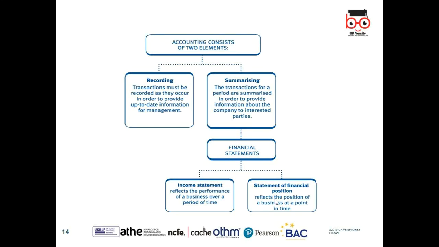From these, you prepare the financial statements, such as the income statement, which shows the profit and loss of the company within a year, and the statement of financial position, which shows assets, liabilities, and capital. The statement of financial position is also known as the balance sheet, and this one is also known as profit and loss.